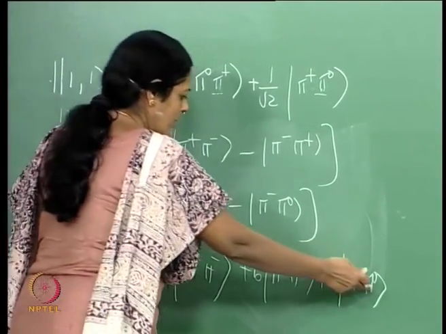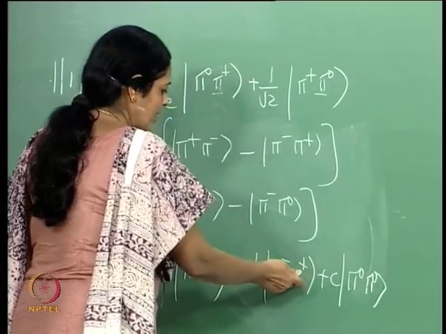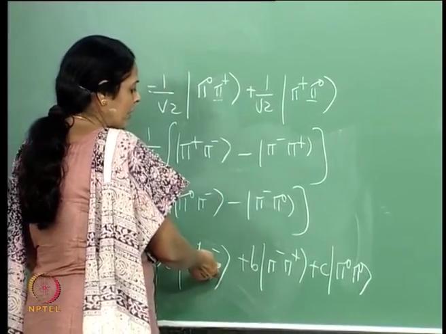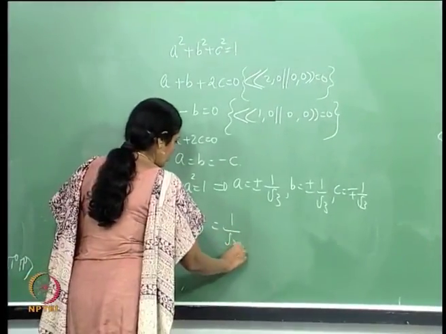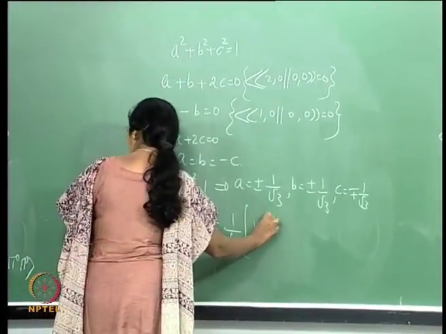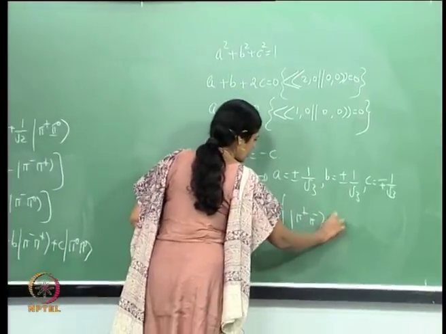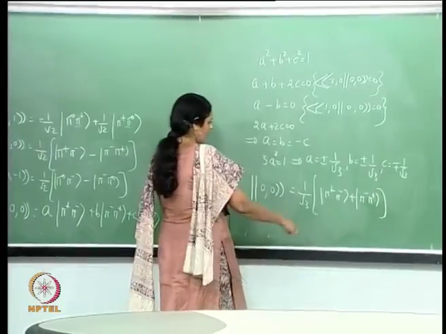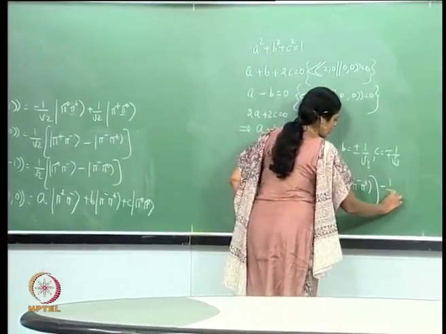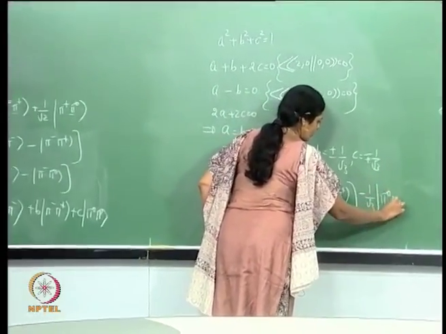Of course, pi 0 has an isospin less than pi plus and more than pi minus. So I could choose any of these conventions and I have 1 by root 3 pi plus pi minus plus pi minus pi plus minus 1 by root 3 pi naught.